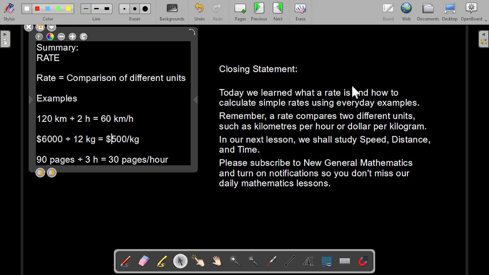Just as an example, I just read them as a summary here. It's a revision. So 90 pages divided by 3 will give you 30 pages per hour.